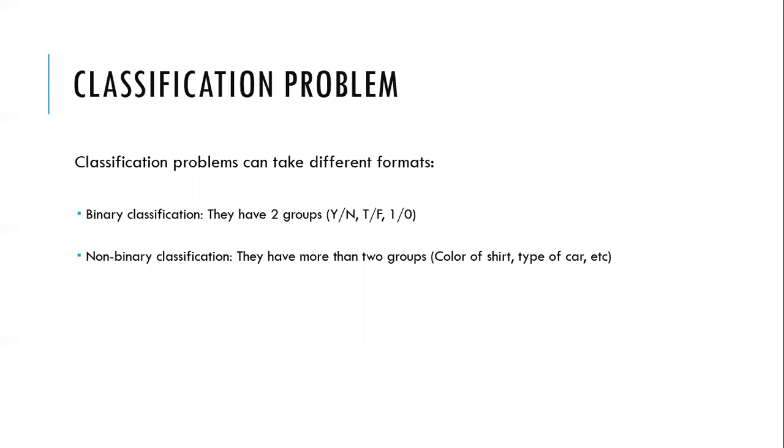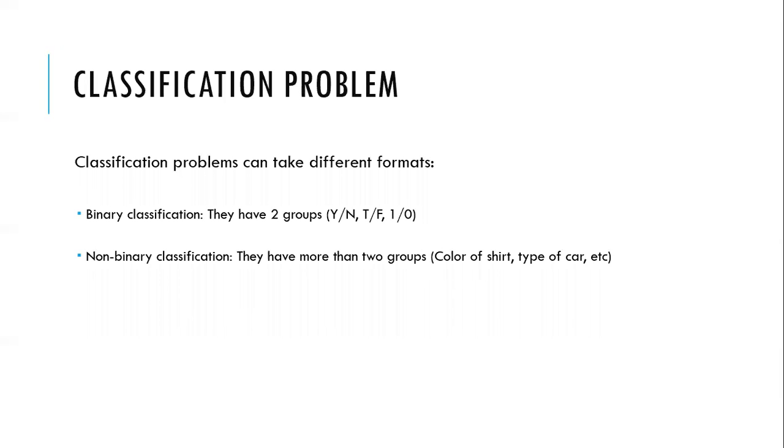In this case, you're trying to classify the color of a shirt, what type of car just passed the road, or what's the breed of the dog that you saw. For example, for the color of a shirt, you have blue, yellow, red, different colors.